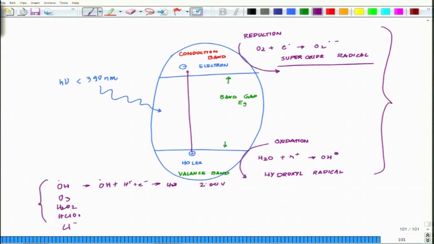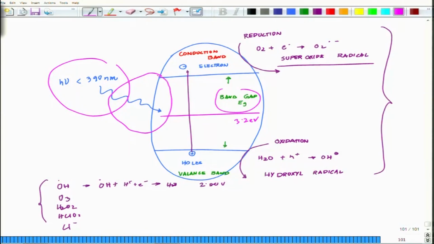But one of the areas where much of the work has happened in the last 20 years is this. People have manipulated these molecules to reduce the band gap from 3.2 electron volt in titanium oxide to a lower amount, and this could be done by coupling some molecule here at the nano level.